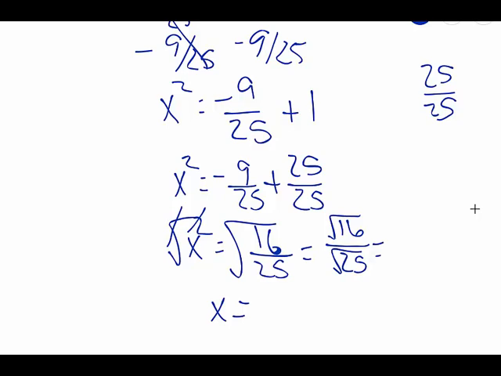That way we can take the square root of each one of these since they're perfect squares. Square root of 16 is 4. Square root of 25 is 5. But do remember that when we take a square root, that is plus or minus 4 over plus or minus 5. So x is equal to plus or minus 4/5.